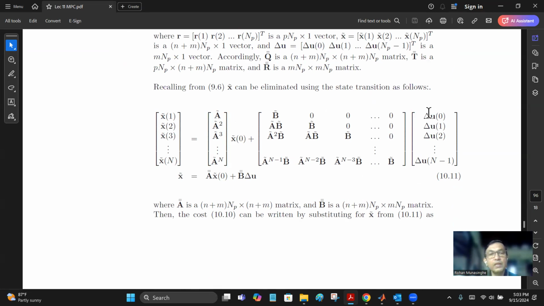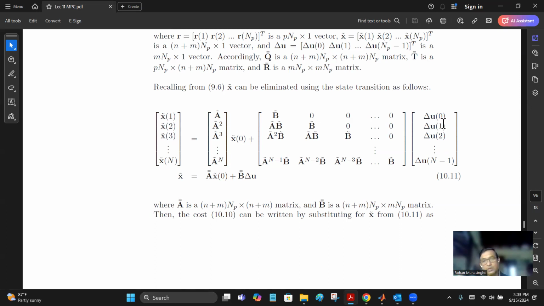The second equation: x tilde 2, at time 2, what is the value of the state vector? Well, it is a tilde square x tilde 0, from the 0 initial condition, 2 steps, plus a tilde b tilde delta u 0, the first control signal, plus b tilde delta u 1, the second control signal.